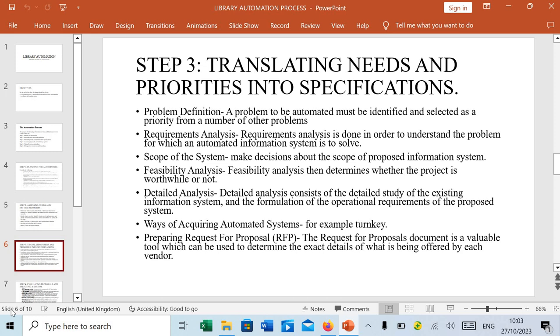Step 3 is all about translating the needs and priorities into specifications. This is whereby you're supposed to define the problem which is to be automated, and select a number of priorities from the number of problems.